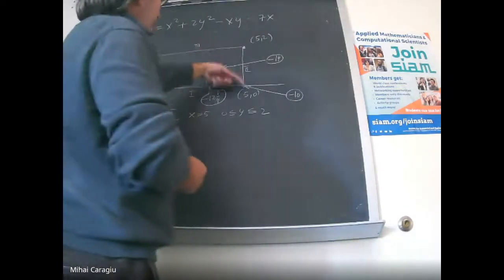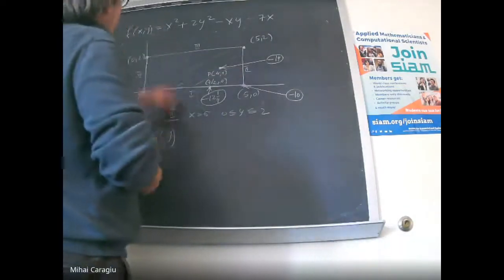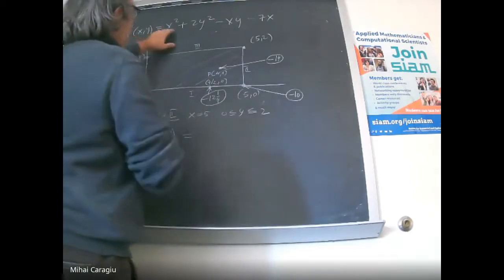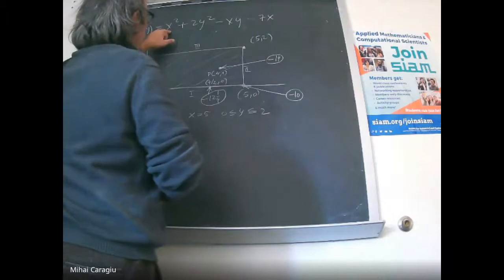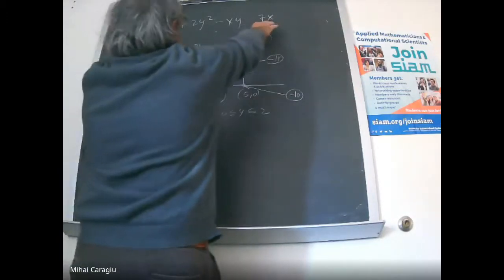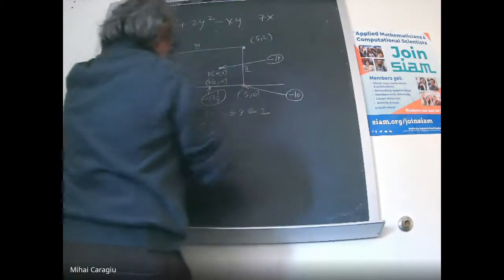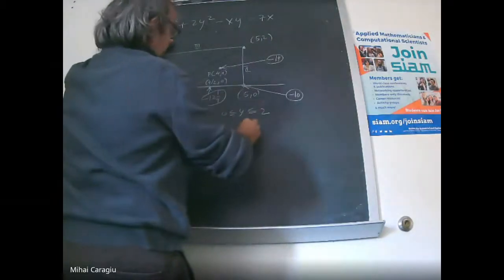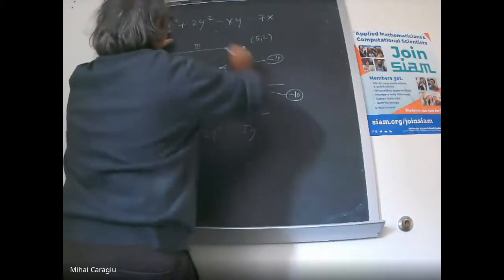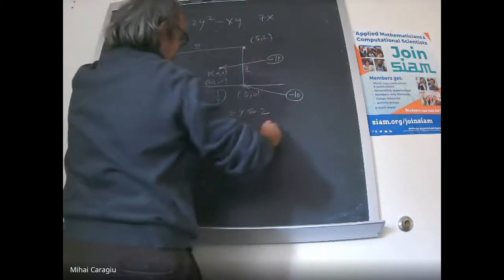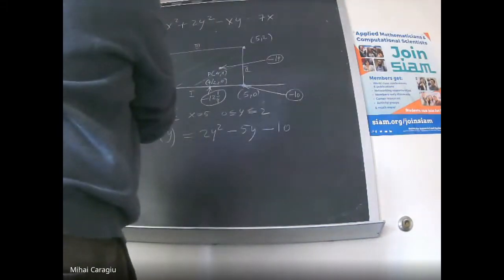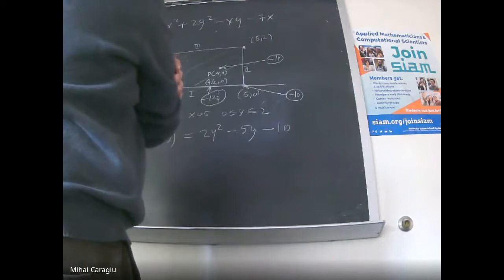Phi of y is obtained from f of x, y by setting x equals 5. So again, 25 minus 35 minus 10 gives 2y squared minus 5y plus 25 minus 35, which is minus 10. So x equals 5, right? So 2y squared minus 5y minus 10.